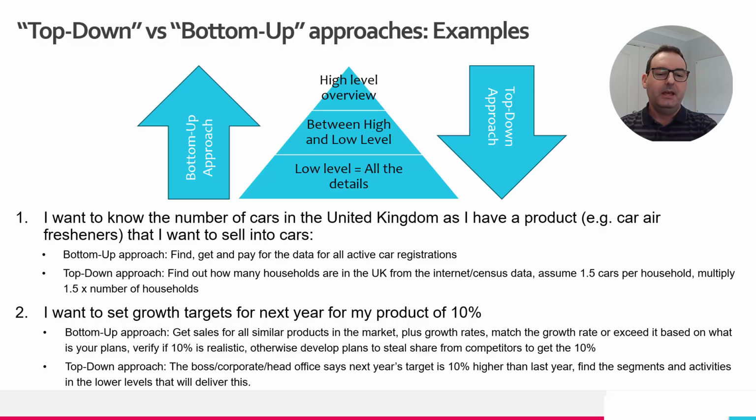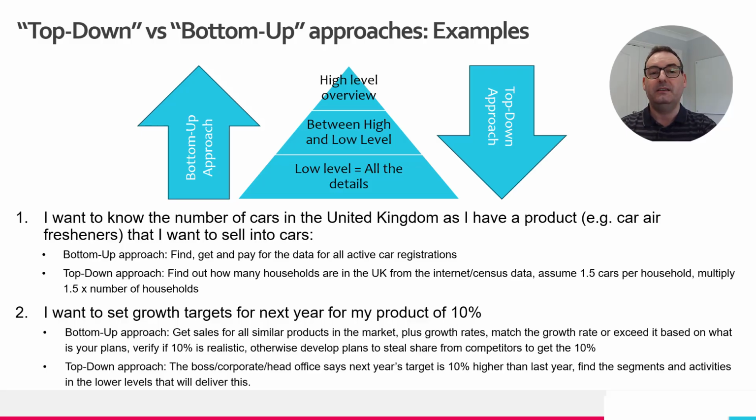That's a bottom-up approach. A top-down approach is that the boss or the corporate head office says next year's target is 10% higher than last year's target, which is mostly what happens in businesses. Okay, we want to grow next year, we want to grow 10% more than we did last year.